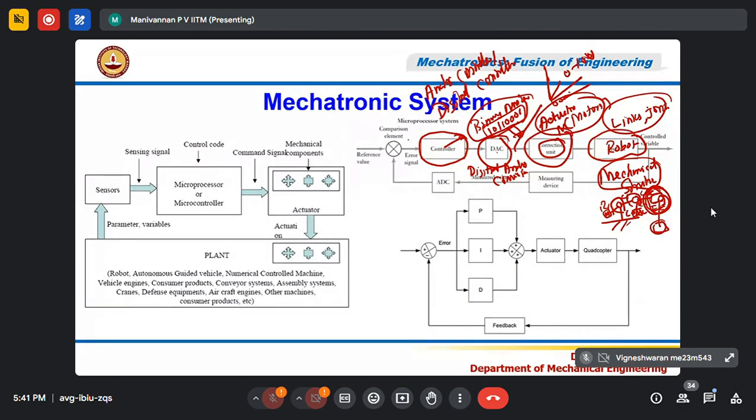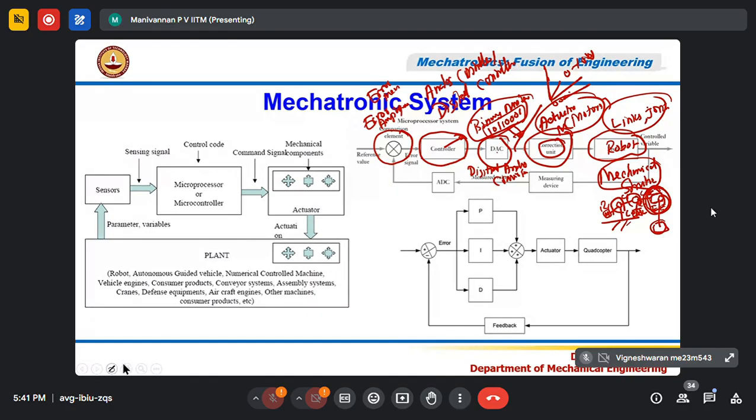Then, of course, the most important part of any mechatronic system is the closed loop control. In the closed loop control, you have a device called an error amplifier. Some books call it an error measuring system. It is represented like this.